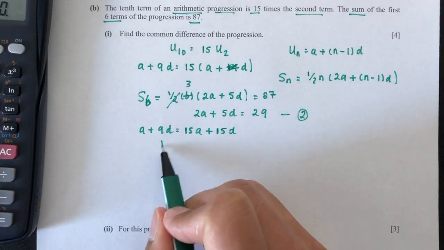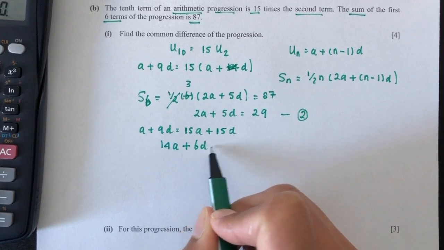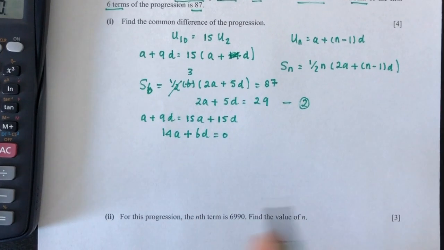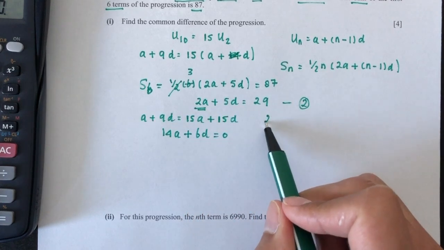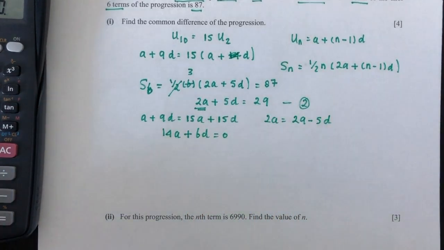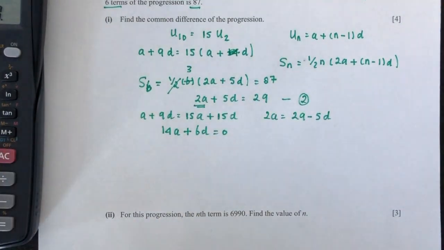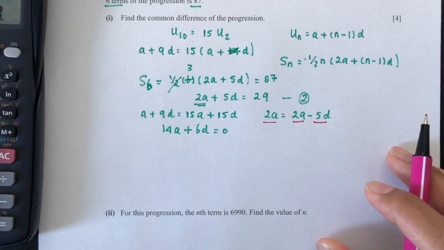So simplify, you will have 14a plus 6d equal to 0. Let's make 2a the subject of formula. So 2a is equal to 29 minus 5d.